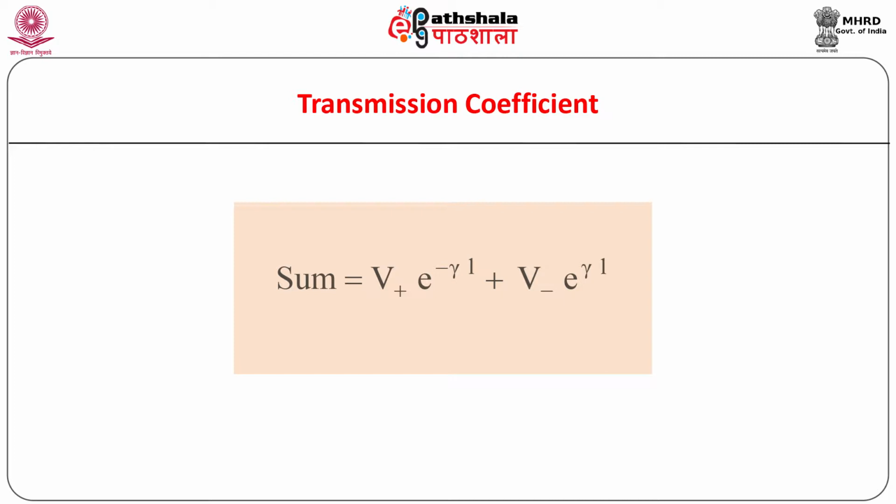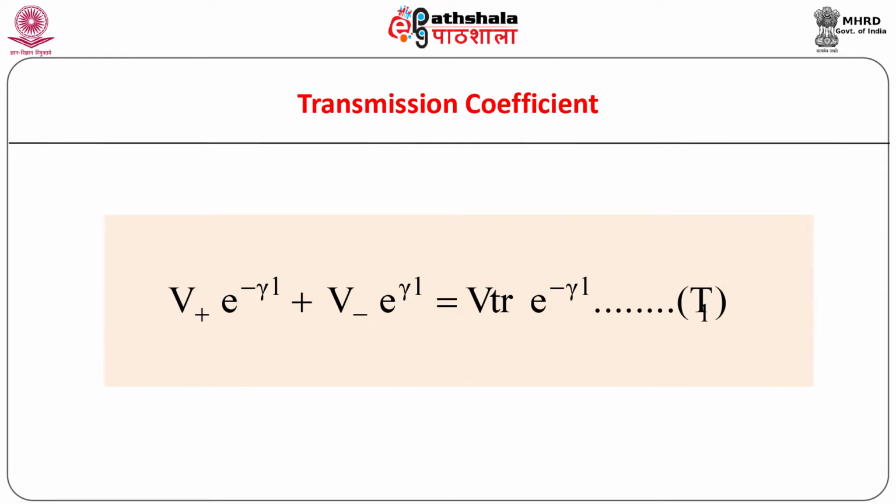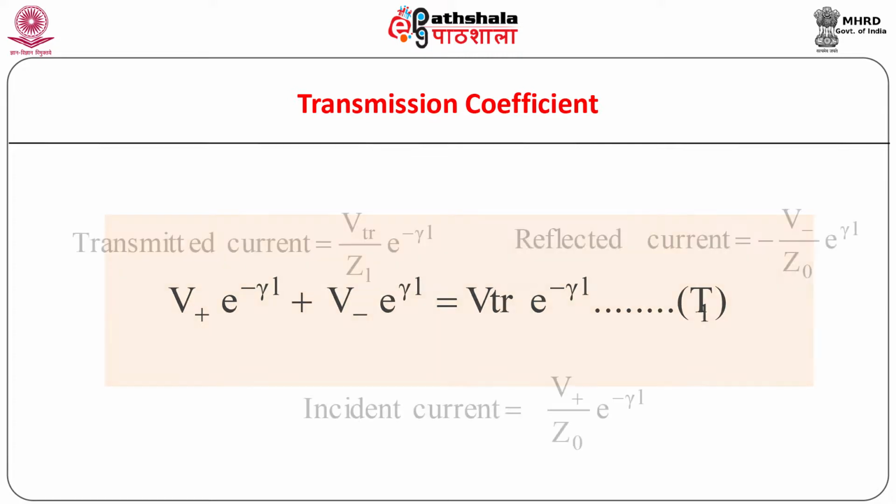The net sum of the incident and reflected wave at the load ZL is as shown. The wave being transmitted must be the net sum of incident and reflected wave at the load ZL. Equating the expressions for the sum and the transmitted wave, we have the equation as shown.